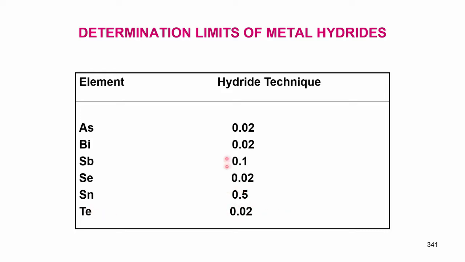I can increase the sample volume, increase the detection limit also, because it becomes an absolute technique, because it is taken out of the system. Whatever is the concentration in the sample, it does not make a difference, because only the arsenic hydride will come out. So, interference from other systems also will be very less.